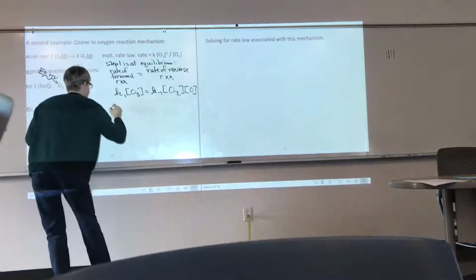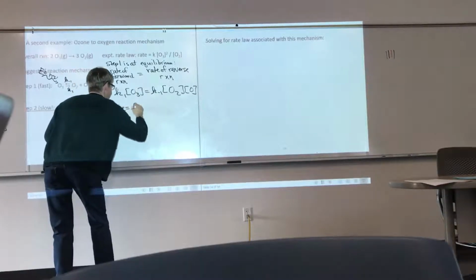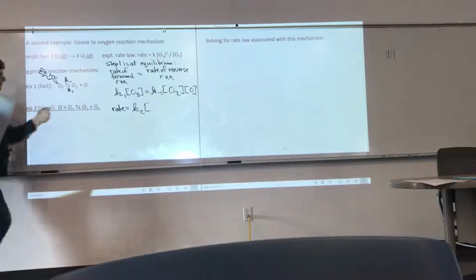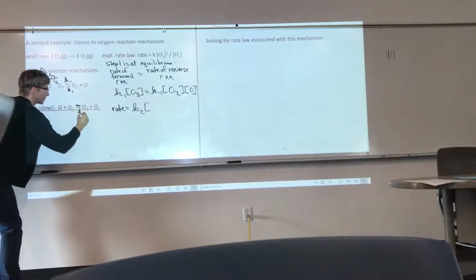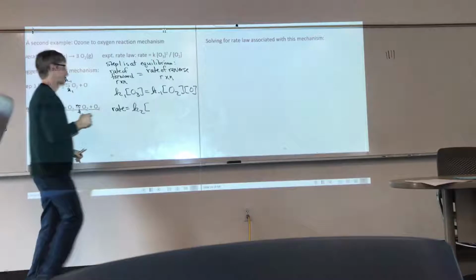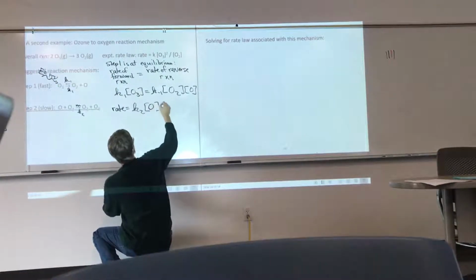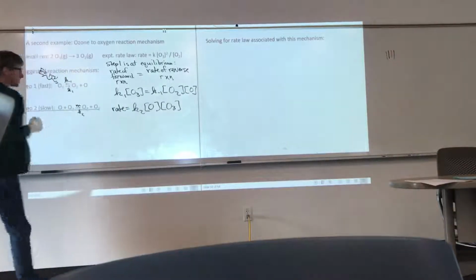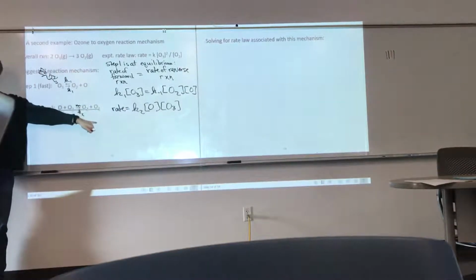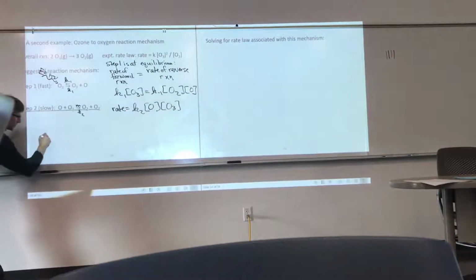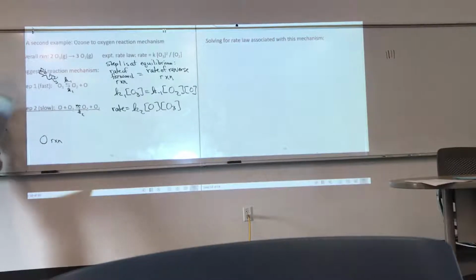Our slow second step is k2 times the oxygen atom concentration times the ozone concentration. And on the next page, we'll do the same thing we did last time. We will solve for oxygen atom, our reaction intermediate.